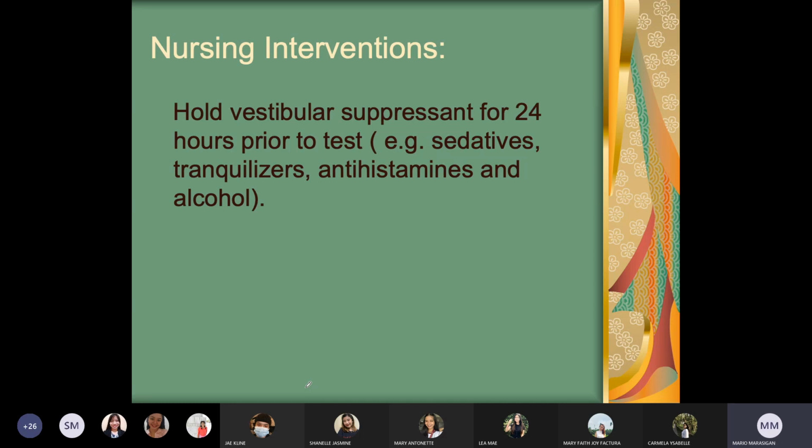It can suppress the vestibular functions. So you need to hold it for 24 hours prior to the test. Explain the procedure to the client. Obviously, this is for you to gain cooperation so that the patient is aware of what you are going to do.